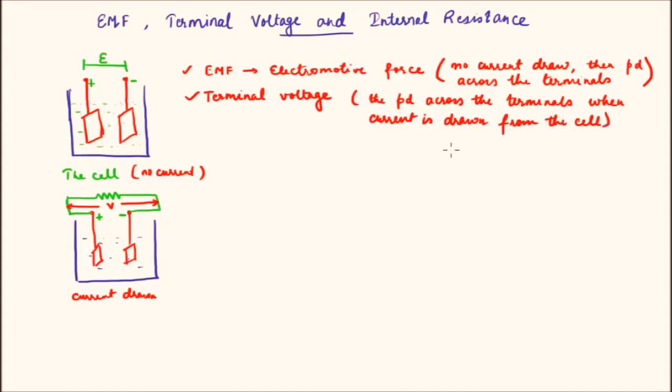Fine. So we see that the electromotive potential of the cell is when no current is drawn, and when current is drawn we have terminal voltage across the terminals. Now let us see how these two compare.